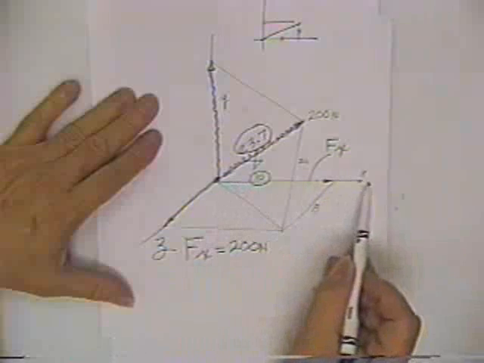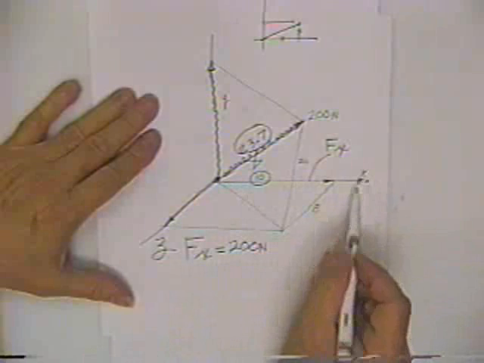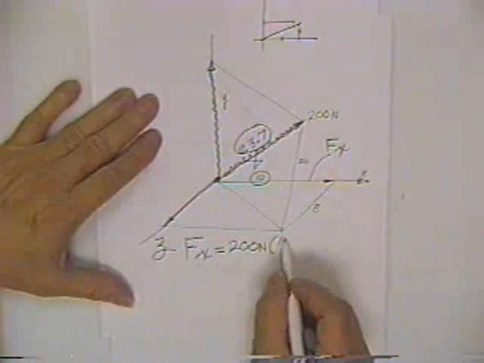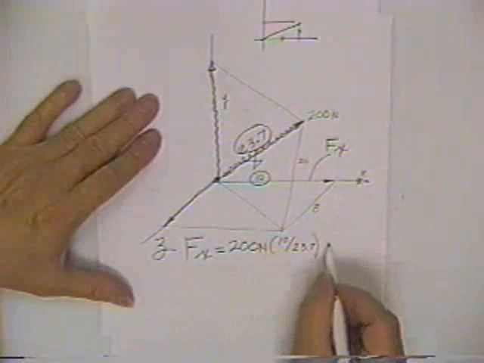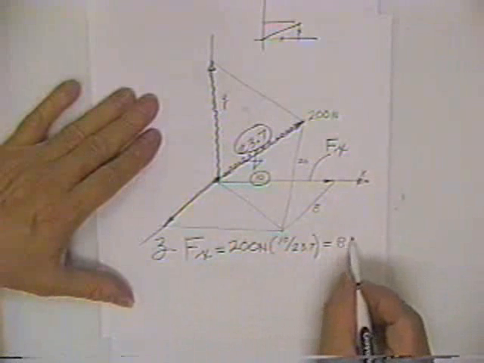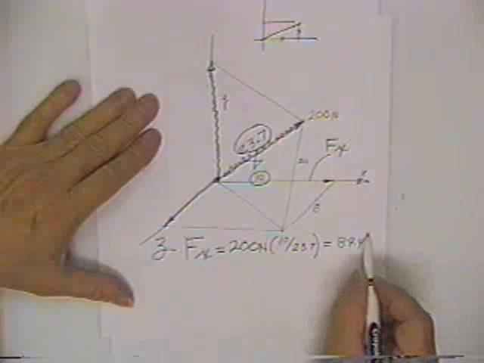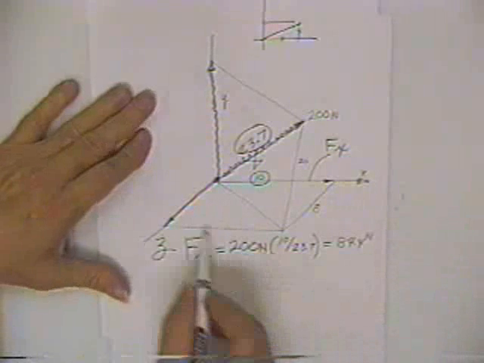That's how you find the X component, by saying how much does he point down the X-axis. He points 10 out of his total length of 23.7, and that's equal to 84.4 newtons magnitude along this three-dimensional X-axis.